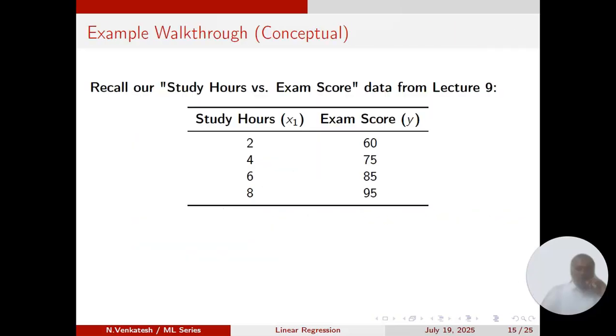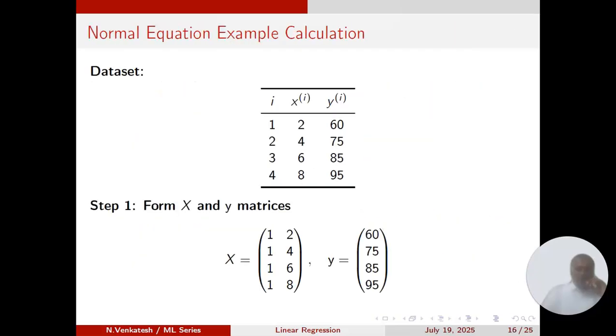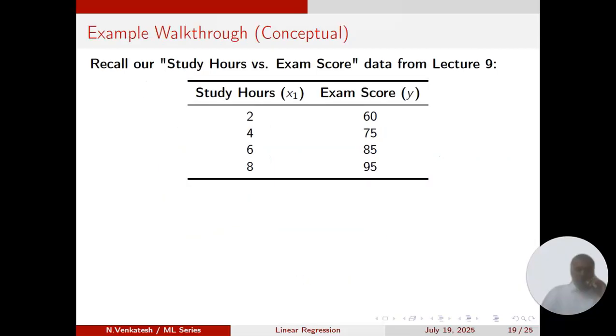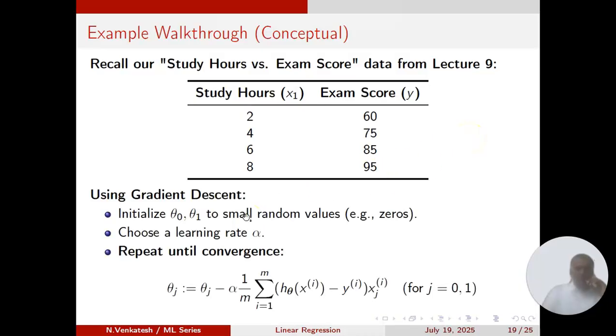Let us try to understand this with an example. We have this example of study hours versus exam score. You are given this data set, and by using the gradient descent method we have to find the parameters theta naught, theta 1. As we know, we initially start with some random parameter values.